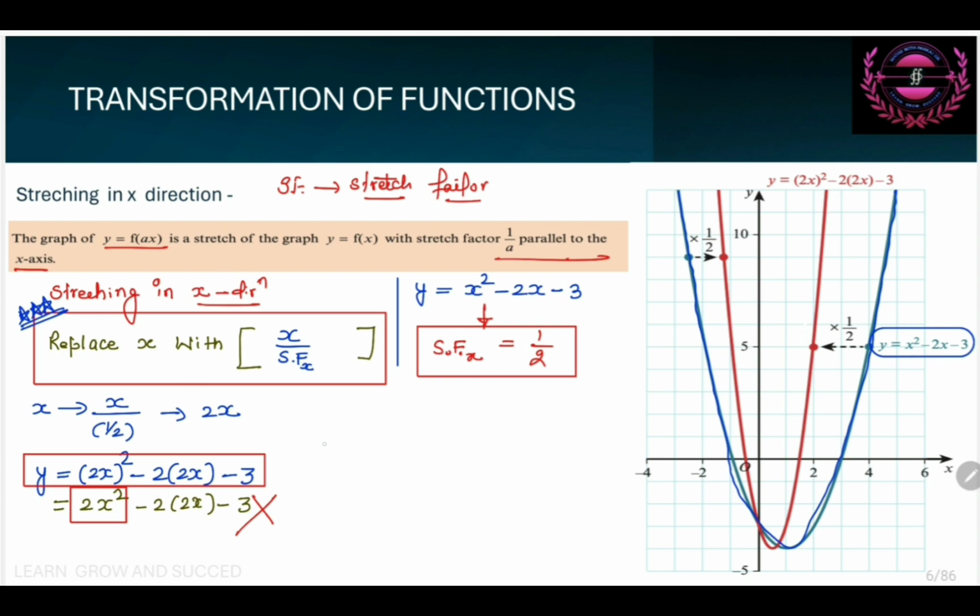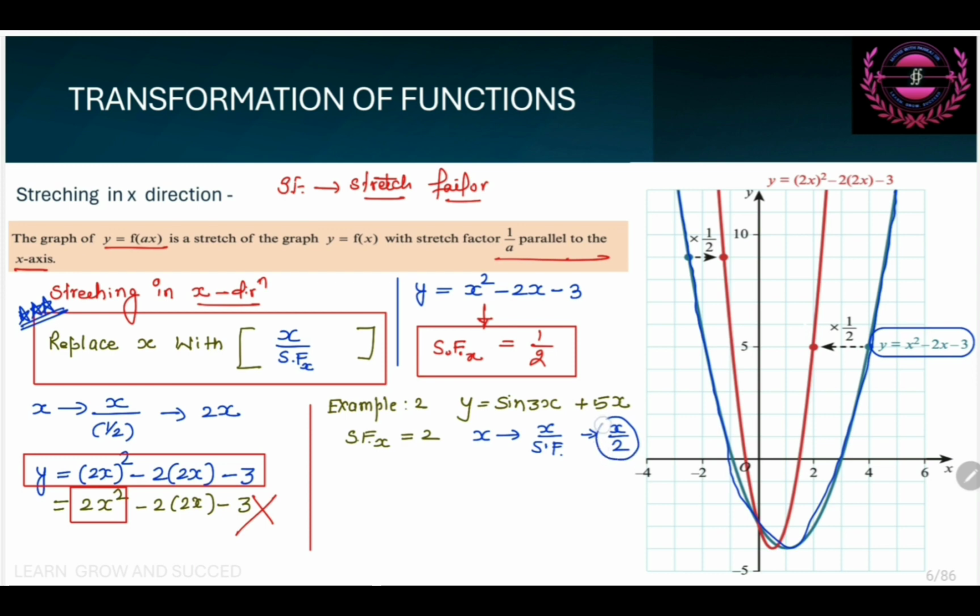Now similarly, if I ask you in another question, I have example 2. If y equals sine 3x plus 5x is transformed with stretch factor in x direction equal to 2. So understand, x will be replaced with x upon stretch factor, which is x by 2.